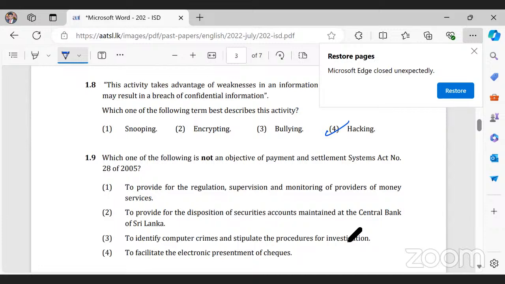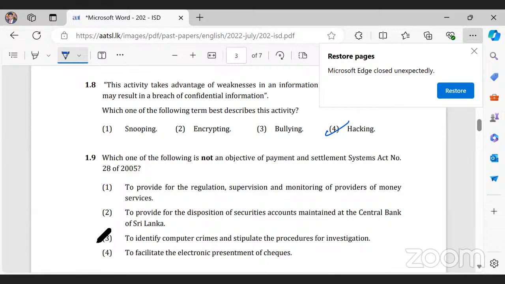Definitely, you are supposed to be ready to answer this type of question within the framework of information systems. The Act provides for supervision and monitoring of money services, disposition of securities accounts maintained by the Central Bank of Sri Lanka, and facilitating electronic presentation of cheques. Options 1, 2, and 3 are given by this Act.